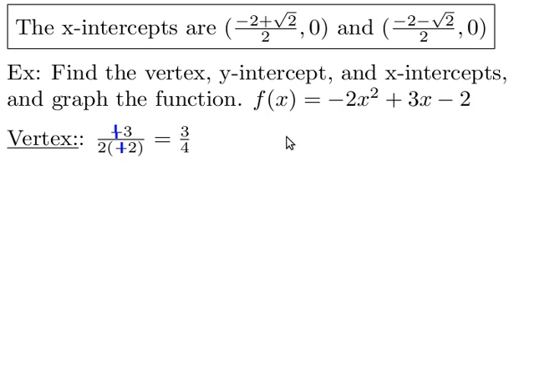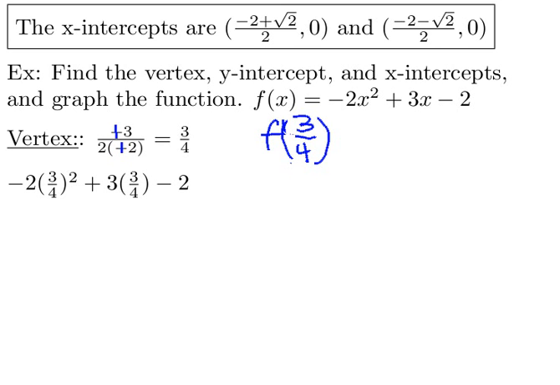So f of 3/4, just like before, that's going to be -2 times 3/4 squared plus 3 times 3/4 minus 2.